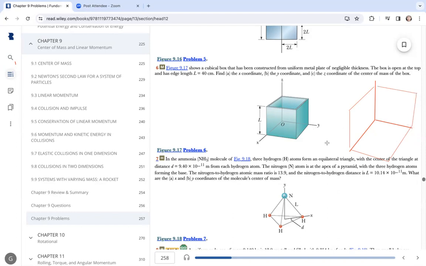This is the lower plane right here, this is the left side plane right here, and this is the back plane right here.